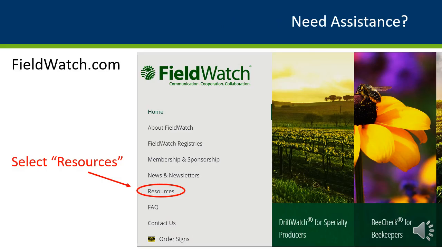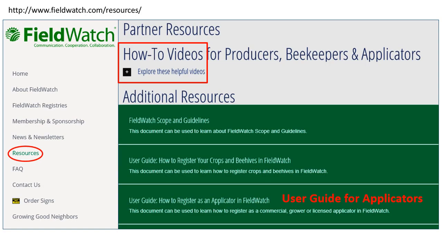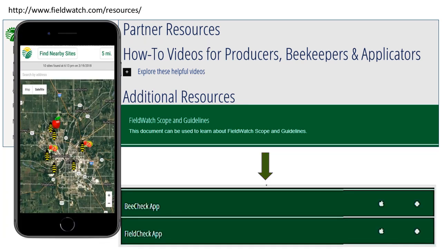If you don't already have your cell phone in your hand, this would be a good time to get it out. If you need assistance with FieldCheck, starting at the fieldwatch.com page, select Resources in the left column. On the next page, there are links to videos and detailed user guides. While on the Resources page, scroll to the bottom.